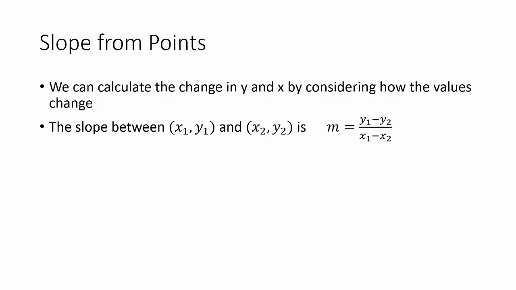So if we want to find the slope between these 2 points, x1, y1 just means it's the first point, the x and the y from the first point. And x2, y2, that's just from the second point, the x from the second point and the y from the second point. All we have to do is subtract the y's, and that tells us the rise. And if we subtract the x's, that will tell us the run.